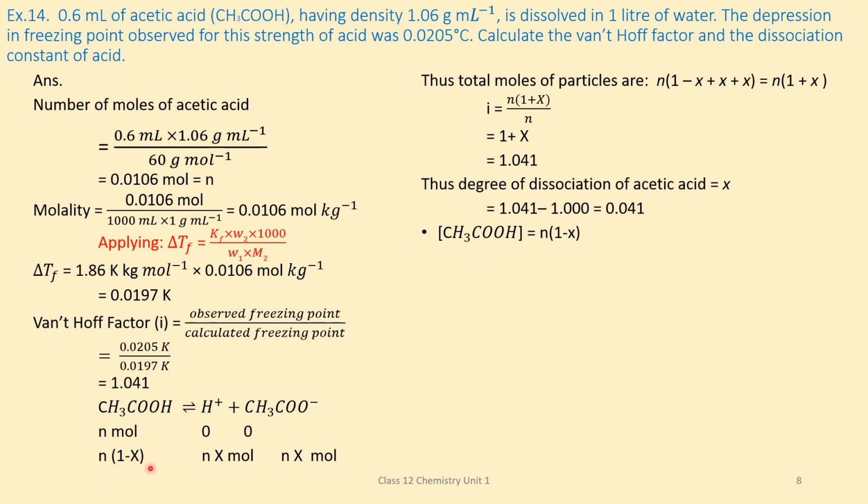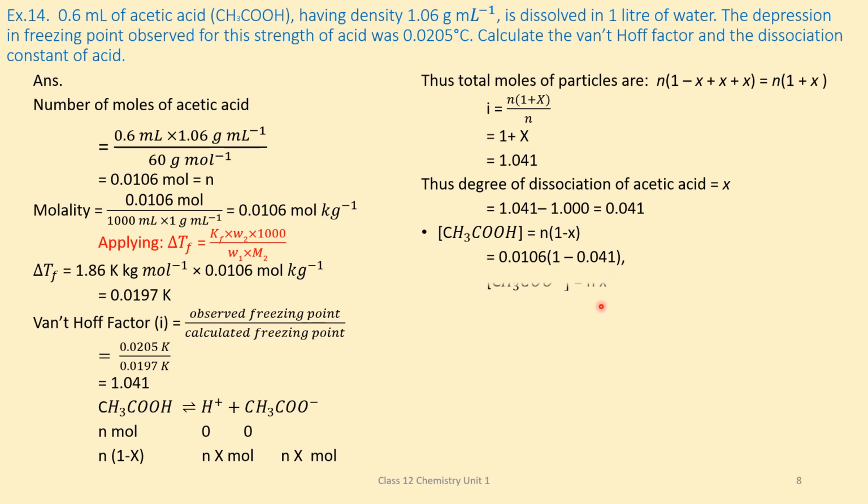Here in this step we have written CH3COOH is equal to n into 1 minus x, that is equal to 0.0106 into 1 minus 0.041. So this 0.0106 is the value of n we have found in the first step.